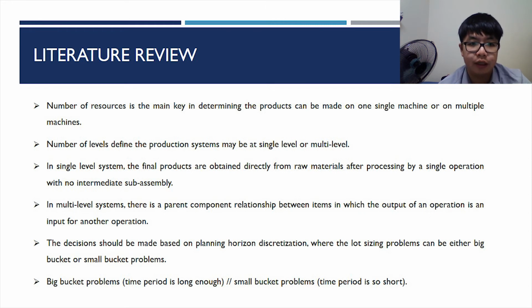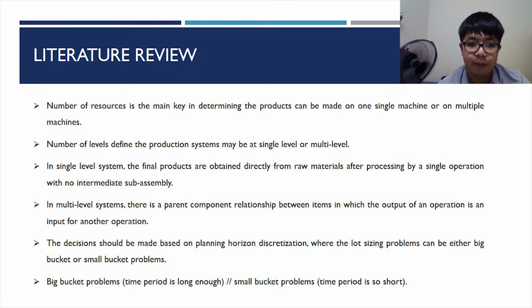Single level means that the product is directly obtained from raw materials after processing a single operation. But multi-level is a parent-component relationship between items, in which the output of an operation is an input for another operation. And the planning horizon discretization is that lot sizing problems can be either big bucket or small bucket.